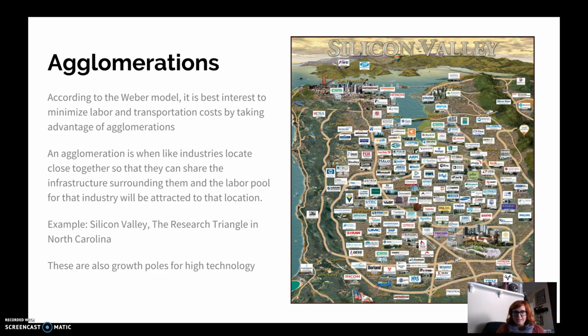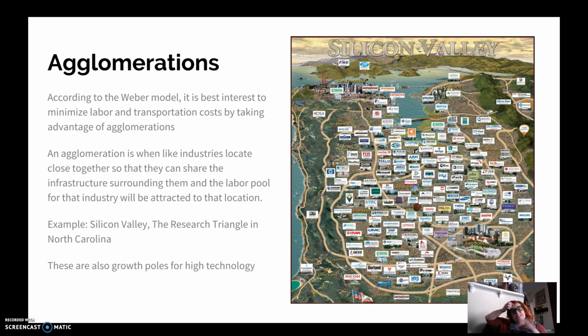According to the Weber model, its best interest is to minimize labor and transportation costs by taking advantage of something we call agglomerations. An agglomeration, which is also something that is not very well talked about in your book, is when similar industries locate close together so that they can share infrastructure and share the labor pool for that industry.